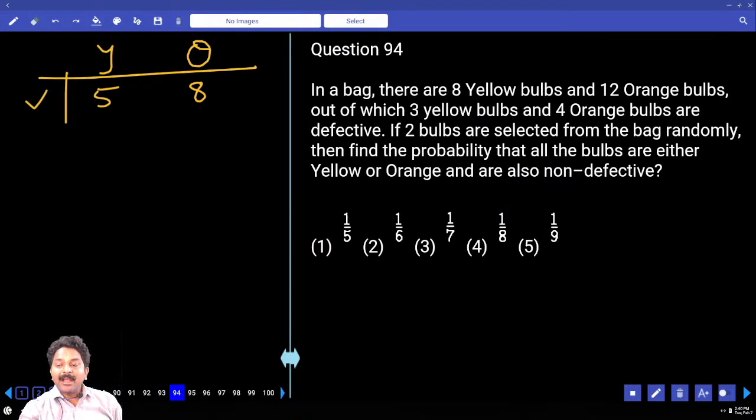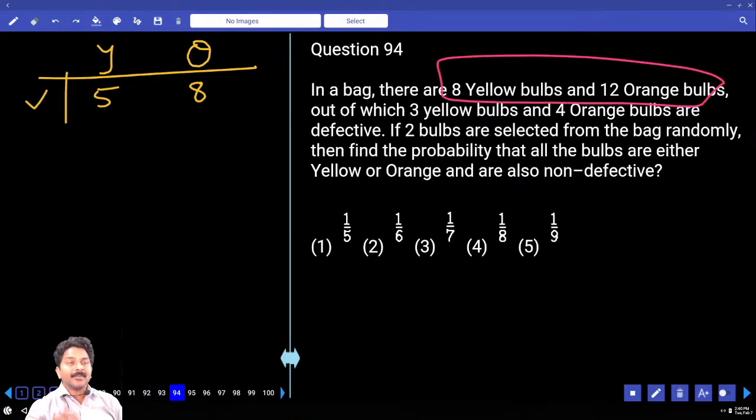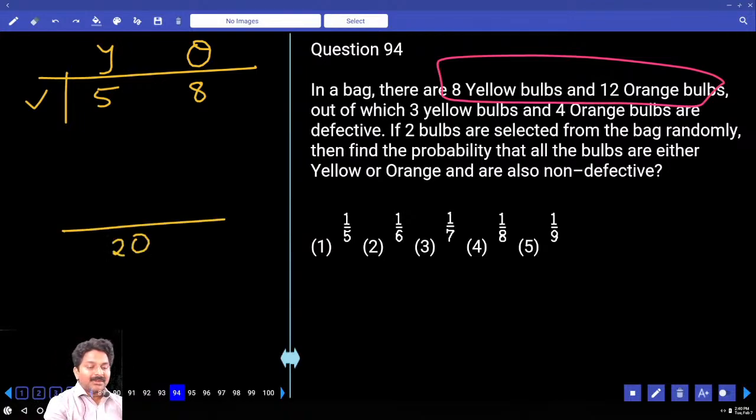So in a bag, how many balls are there? 20. Out of 20, how many we need to pick? 2 balls. That can be done in 20C2 ways. And those 2 balls must be either yellow non-defective or orange non-defective.